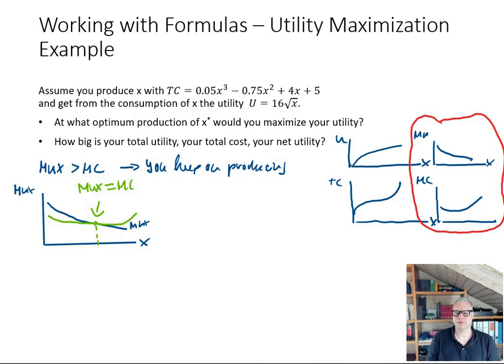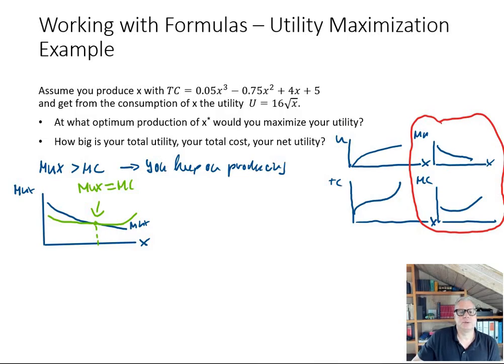Because you will say, well, if my willingness to pay for something is exactly the same as what it costs to produce, that's where you should stop. You will not produce something which causes you more extra cost than what it gives you extra utility. So in other words, we need to find the point where marginal utility equals marginal cost.